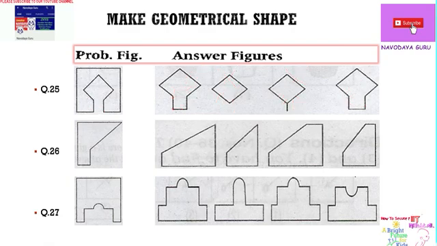Let's go to the next question. When we complete the incomplete portion, we get a shape of this kind, which we need to see in the options. Let's check. In option 1 this side is quite long compared to this.